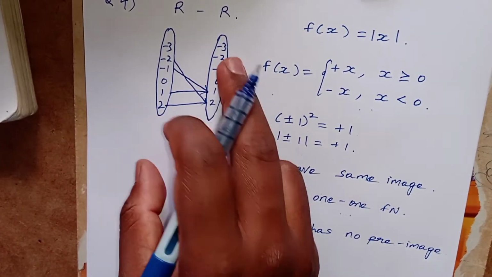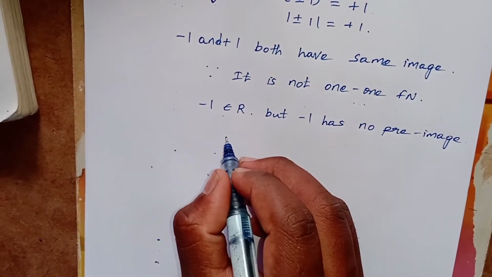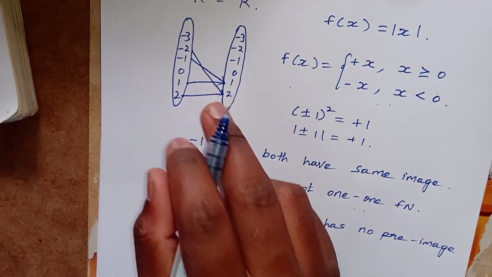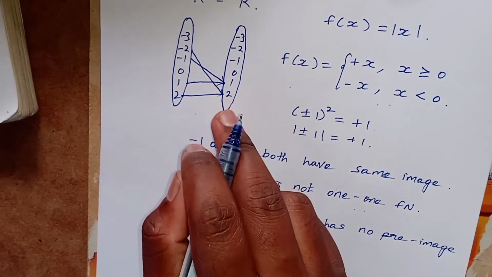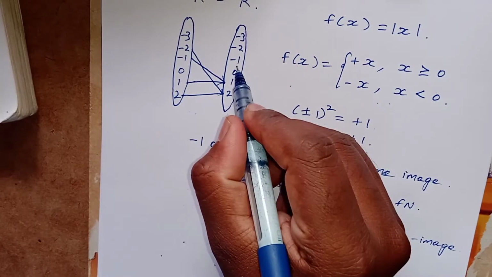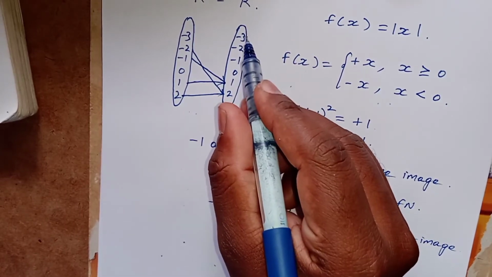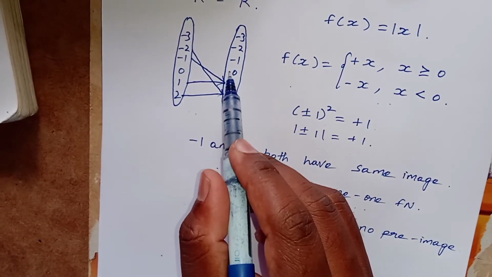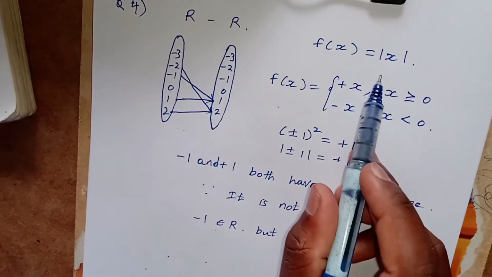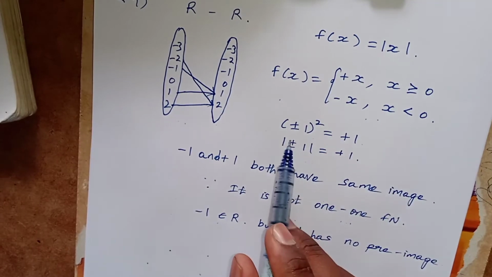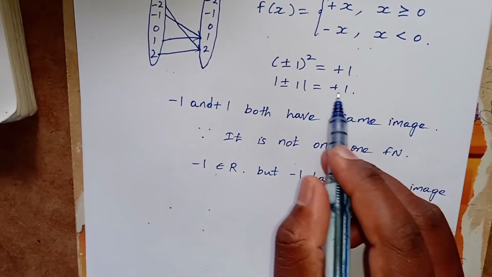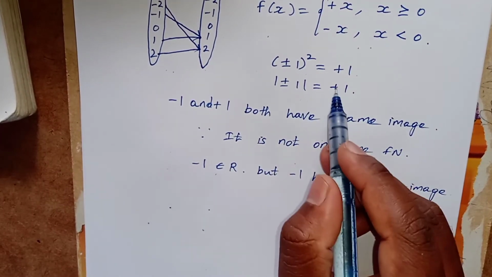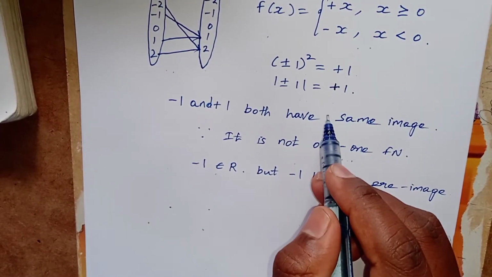Okay, for checking it is onto or not, you have to check the codomain. Okay, in the codomain every element should be filled, but -1, -2, -3 up to -infinity here have no pre-image, because in the modulus function both values should be positive. Okay, if you take plus or minus 1, then it will become only the positive value 1.